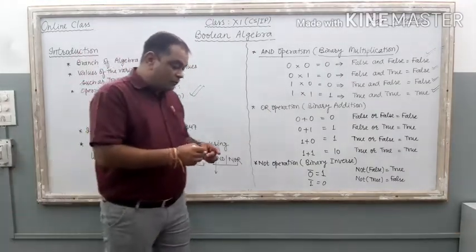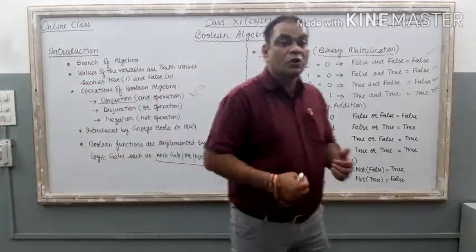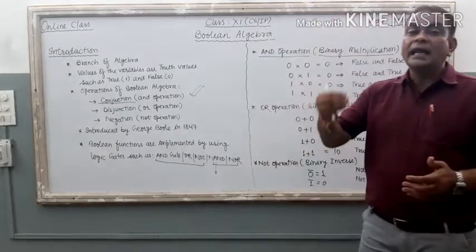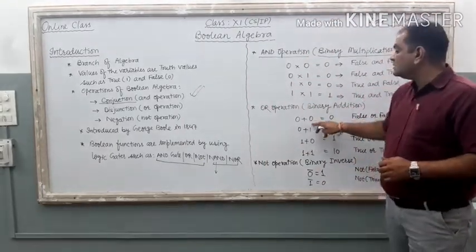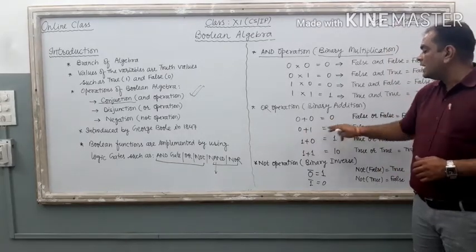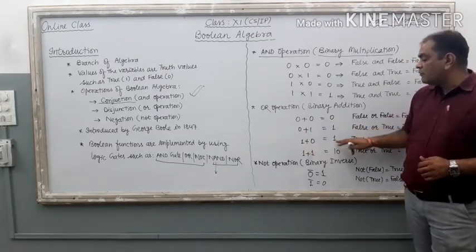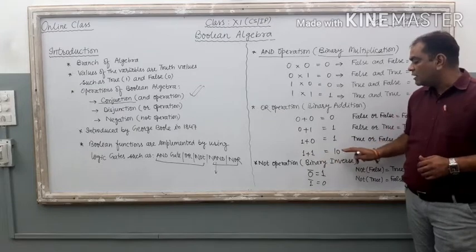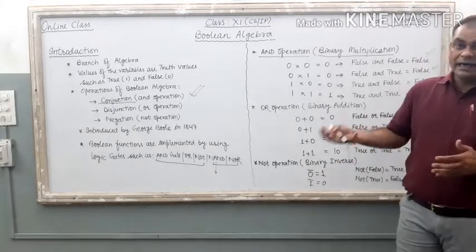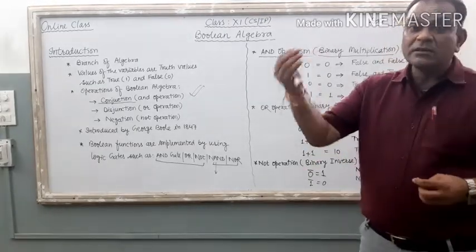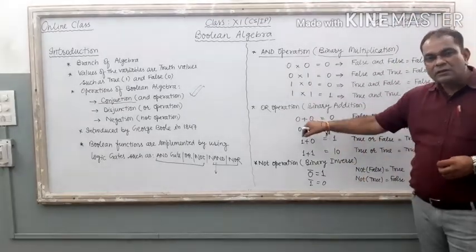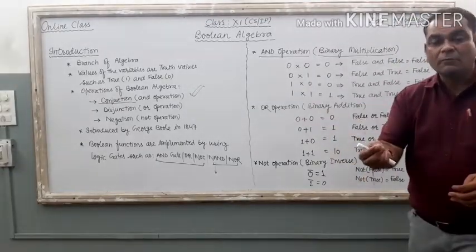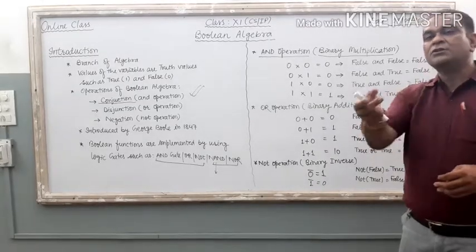The OR operation of Boolean algebra is common according to the binary addition. What is there in binary addition? 0 plus 0 equal to 0, 0 plus 1 equal to 1, 1 plus 0 equal to 1 and 1 plus 1 equal to 10. We did it, we revised it in the number system chapter already. Now put false at the position of 0, put true at the position of 1.